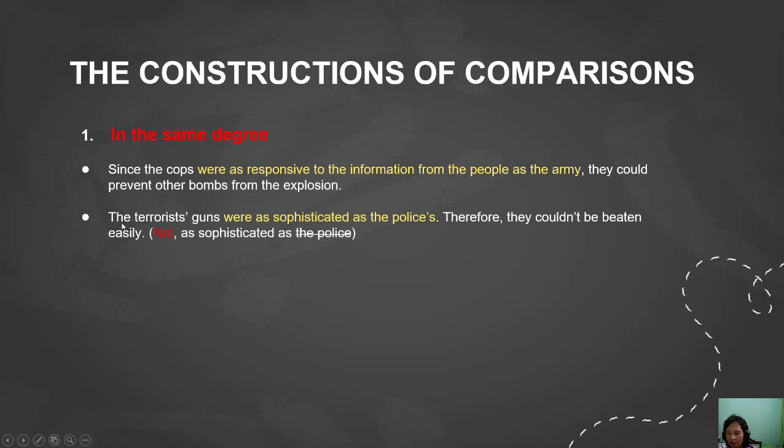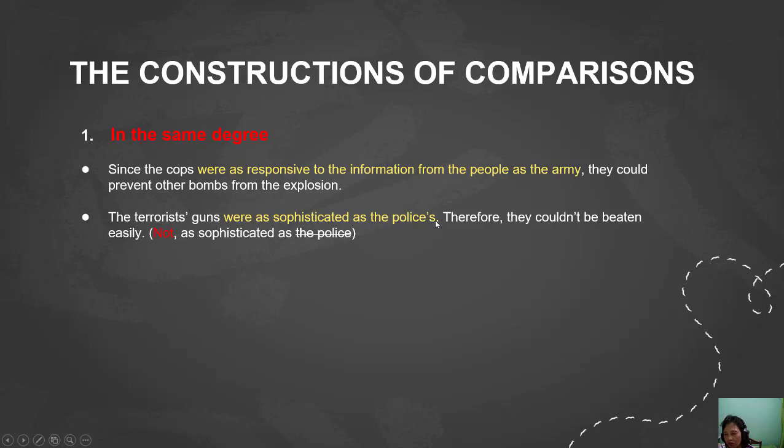And then the second, the terrorist guns were as sophisticated as the police's. Therefore, they couldn't be beaten easily. Look at this, not as sophisticated as the police's. We must put the possessive case here because what is compared here is the guns, not the persons. So the guns possessed by the terrorists and the guns possessed by the police.